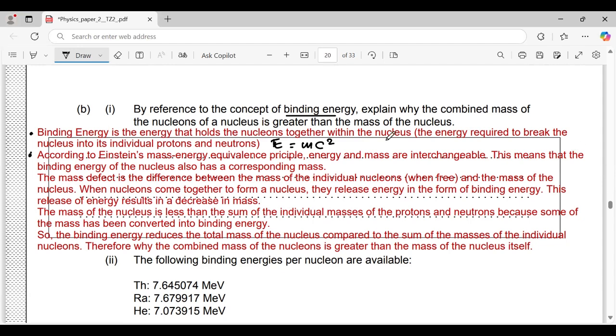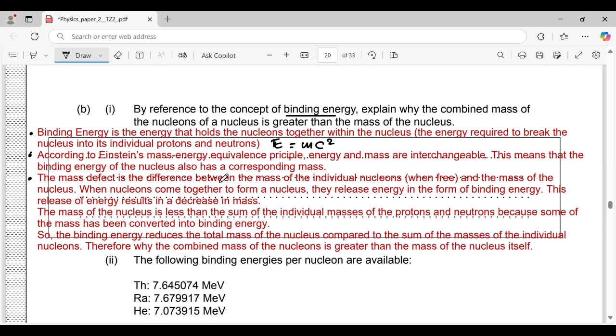This means that the binding energy of the nucleus also has a corresponding mass. The third, the mass defect is the difference between the mass of the individual nucleons when free and the mass of the nucleus.